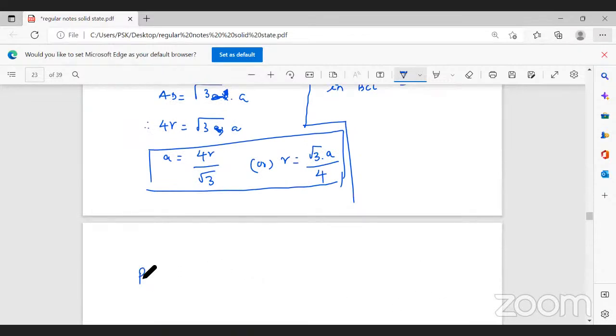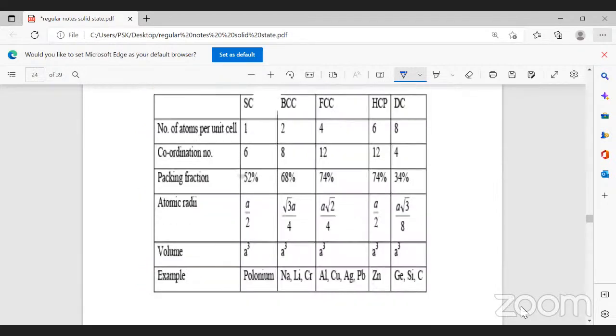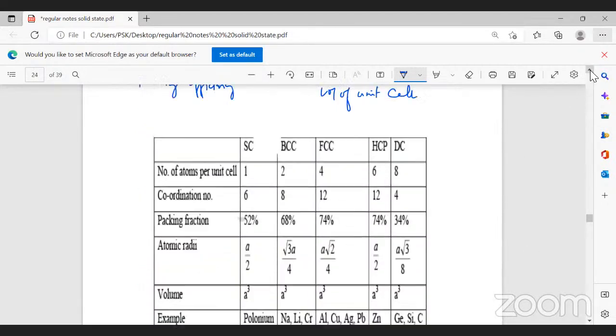What is the formula to calculate the packing efficiency? Yesterday we did 2 derivations. Packing efficiency is volume of the spheres divided by volume of the cube, or volume of the unit cell.